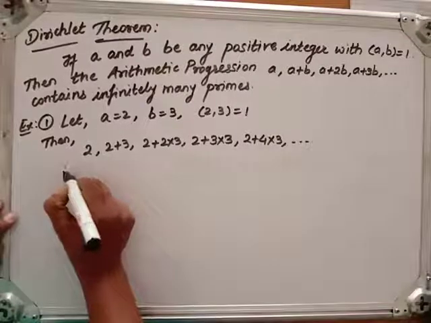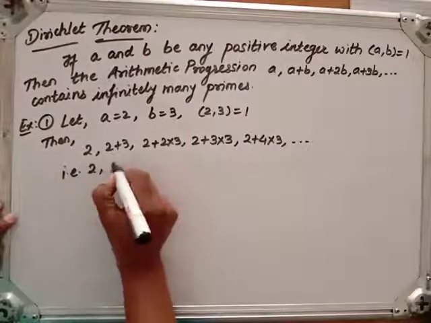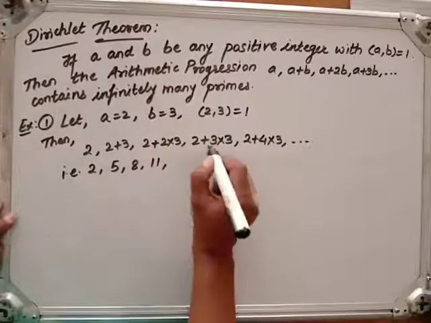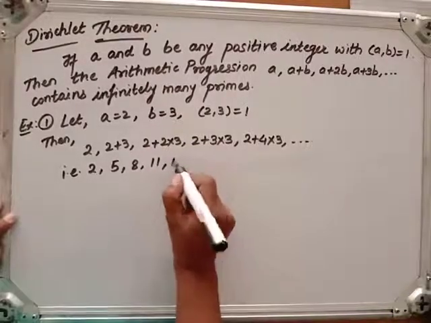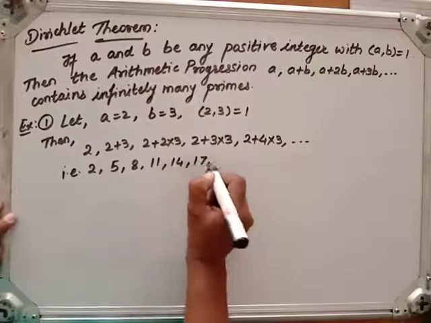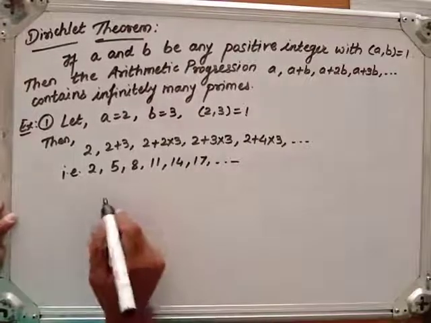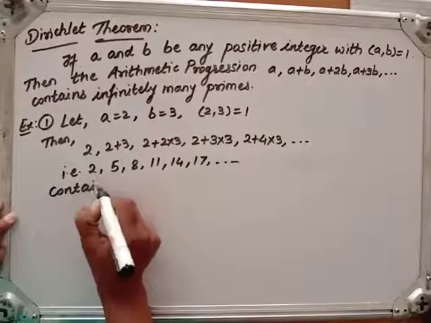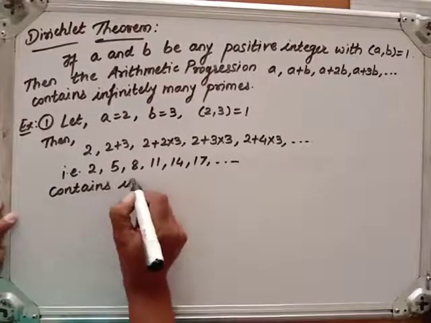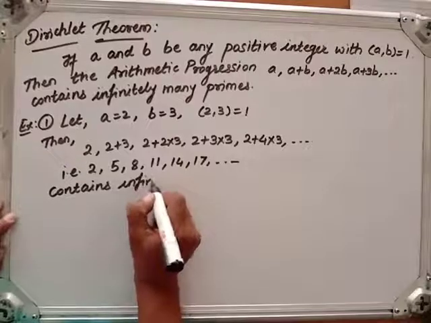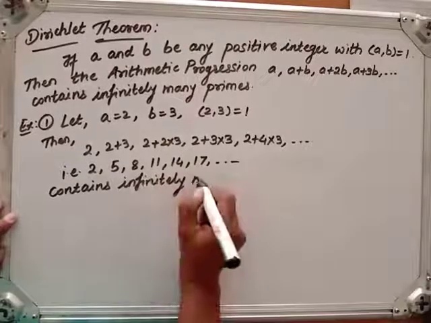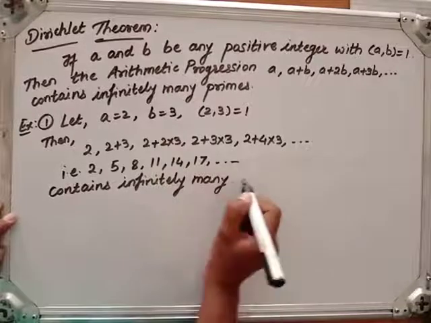That is 2, 5, 8, 11, 14, again 17, and so on we can go. This contains infinitely many primes.